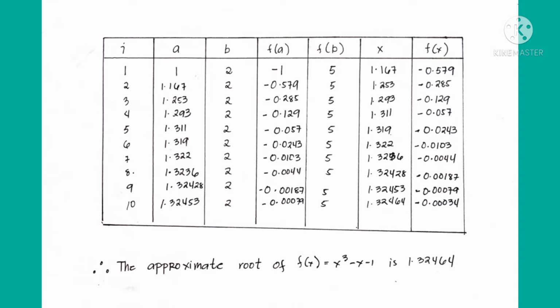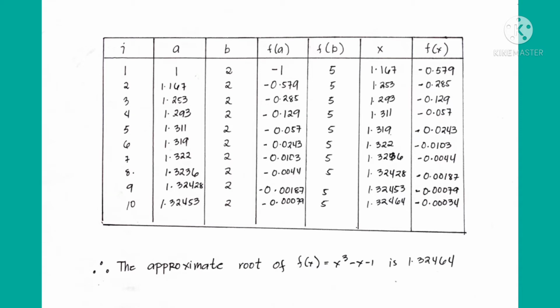In finding the root, we have here the formula: x is equal to A times f of B minus B times f of A, over f of B minus f of A. On the first iteration, our A is 1 and B is 2, f of A is equal to negative 1, and f of B is 5. For x, we are going to use the formula that I mentioned before, and the answer is 1.167. The f of x is equal to negative 0.579.